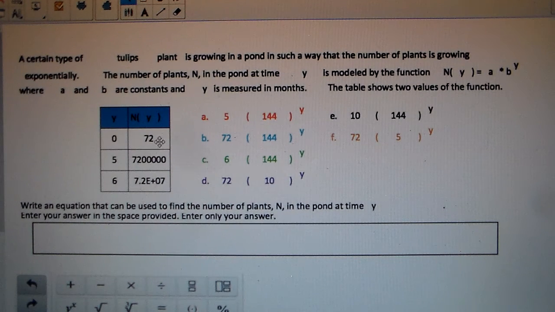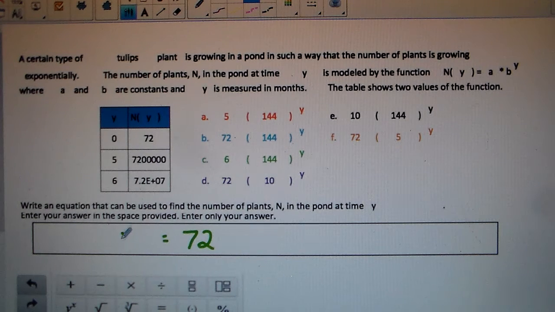In our chart here, our initial amount of tulips in the beginning is 72. So we're starting off with 72 tulips, and we need an n of y equal to 72. Now, 72 times b to the power of 0, anything to the power of 0 turns into 1.